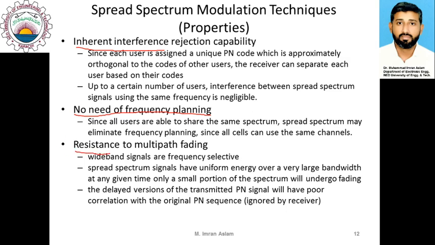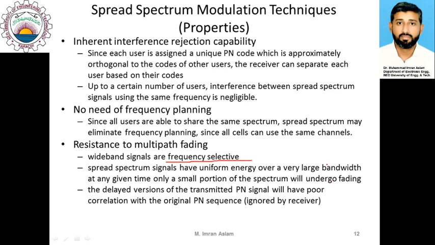Third, these spread spectrum modulation techniques are resistant to multipath fading. You can think of these signals as wideband signals, because when a pseudo noise code is applied to the signal, it becomes a wideband signal, and these wideband signals are generally frequency selective.